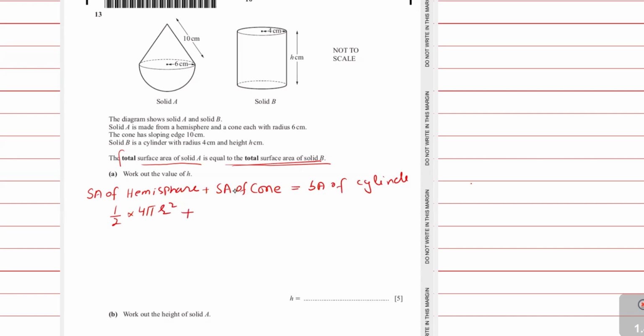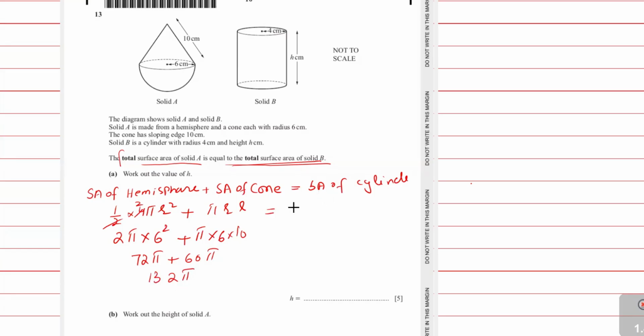And surface area of cone is pi r L. We can write 4 into 1 over 2 is 2. Therefore, 2 pi, radius is 6, we write 6 square, and we write pi as it is. Radius here is 6, and slant length here is 10. We can write this as 72 pi plus 60 pi, and this will be equal to 132 pi.